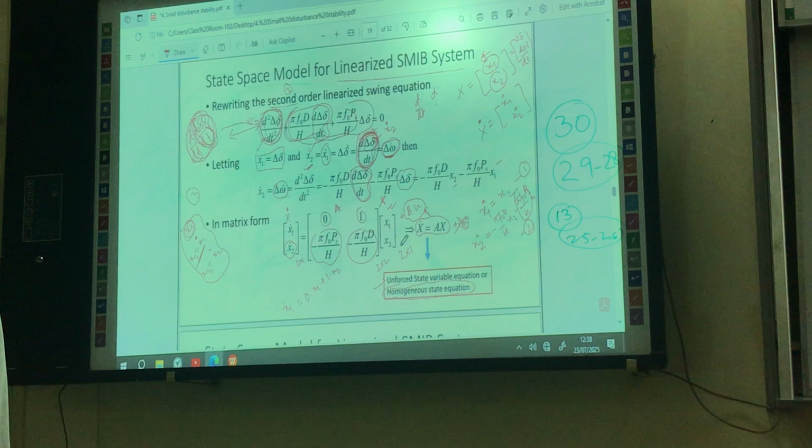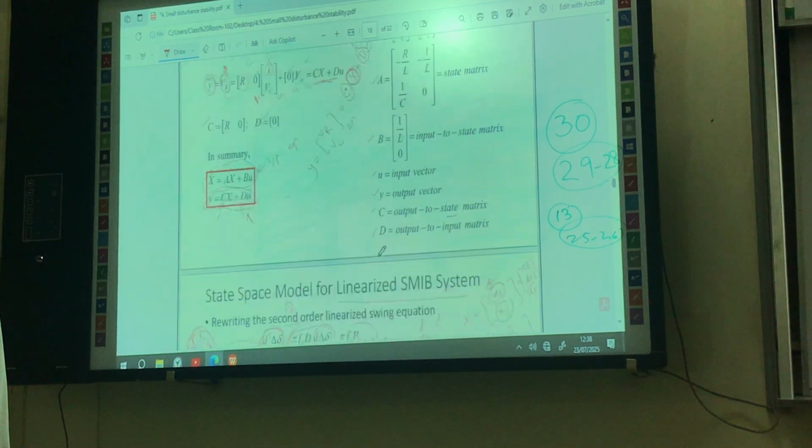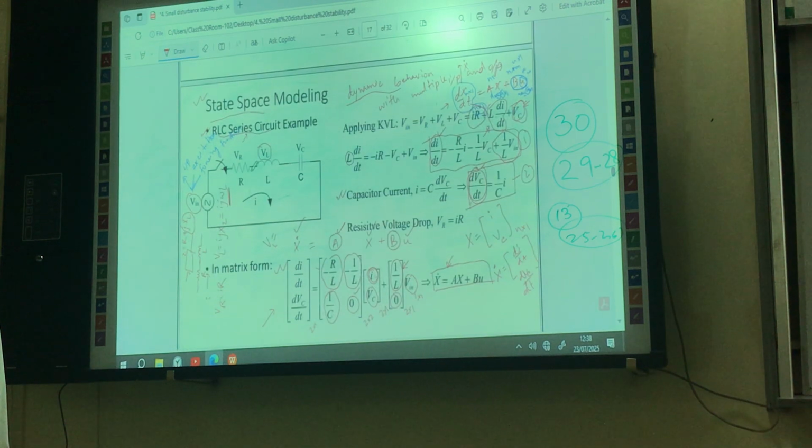How can the system work without any forcing function, without any excitation? We can be clear about that from this example. Let's say this is our system, this is the AC input, and we have R, L, and C. Let's say before time t equals 0, there was no stored charge inside the L and C. So now the system can't operate without this source, right?